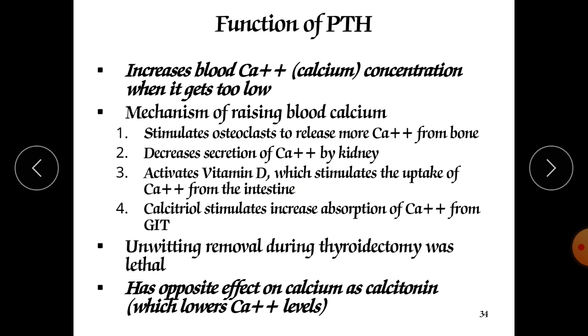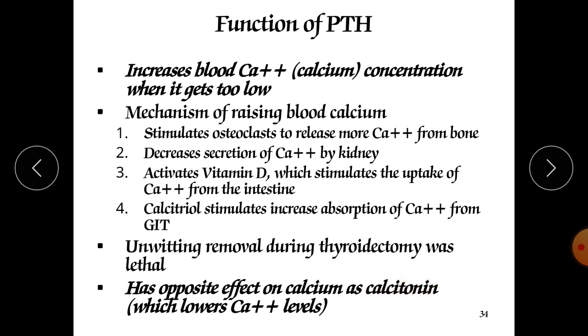The level of calcium and the level of calcitonin always produce the effect of homeostasis. Homeostasis is maintained by the level of calcium ions and the level of calcitonin, which is secreted from our thyroid gland.